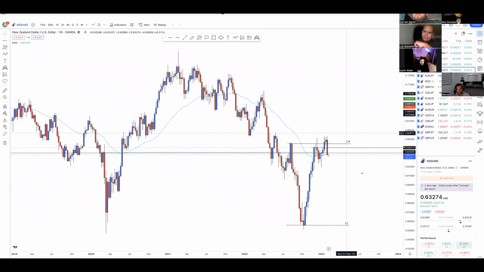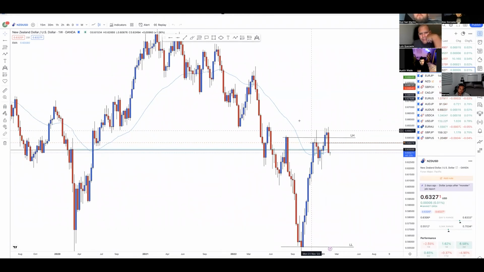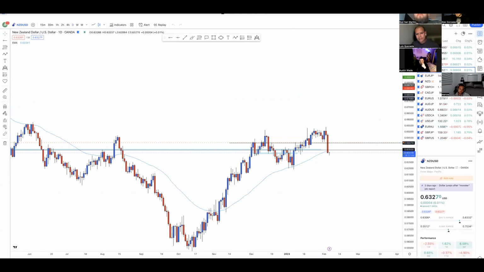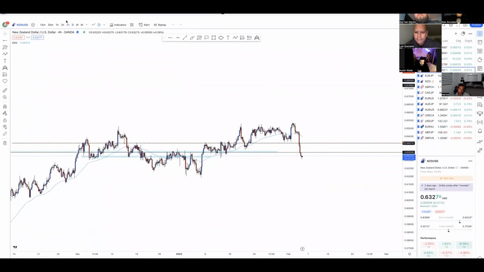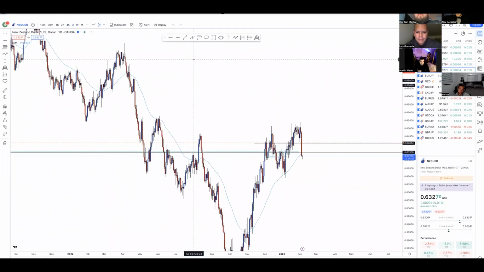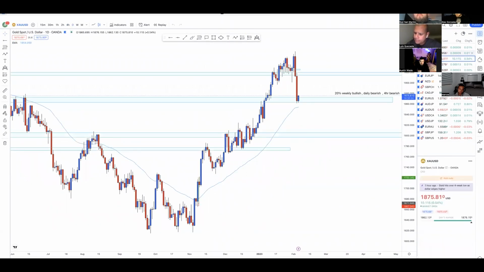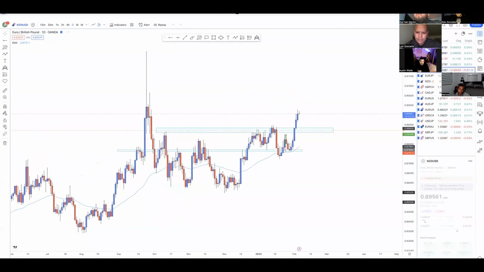Oh, is it AUD? Okay, I'll check it out. So NZD USD, we got the weekly, we got the daily bearish, and then we got the 4-hour. Bro, this looks literally the same as a pair I was just doing. Okay, whatever, it's the same thing.